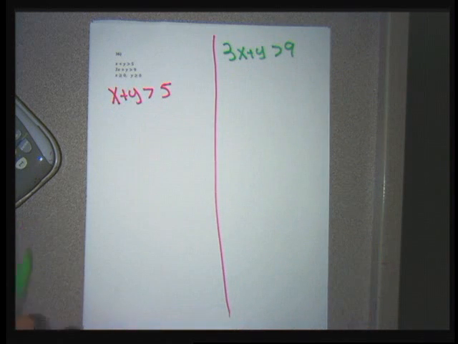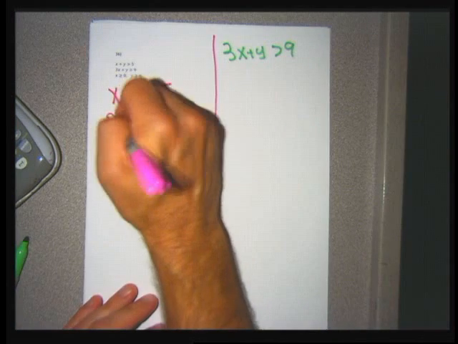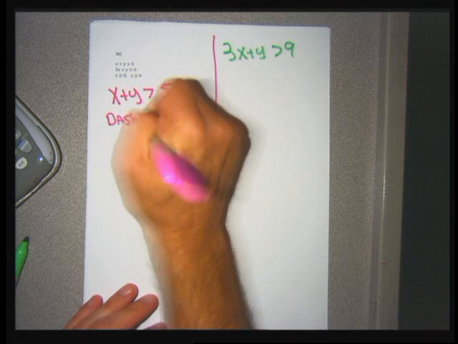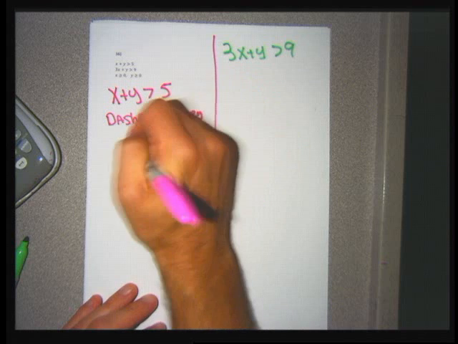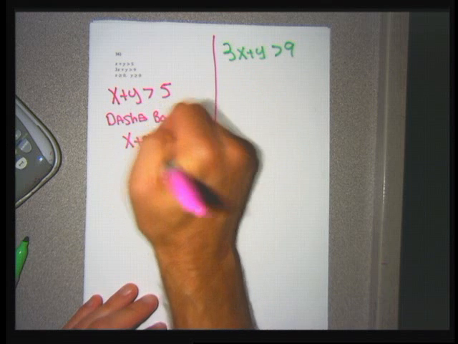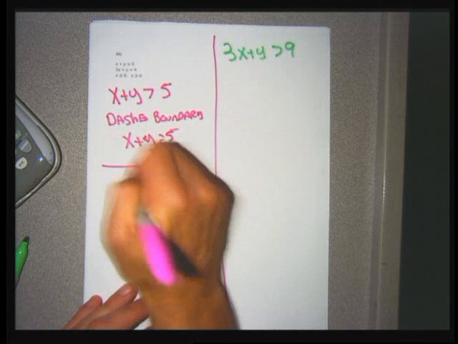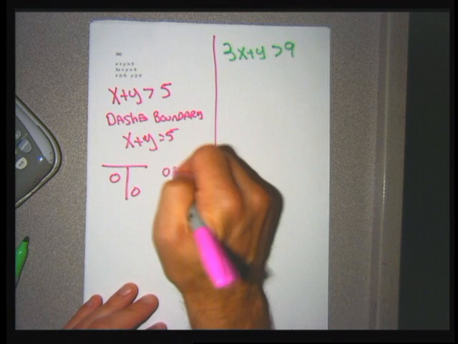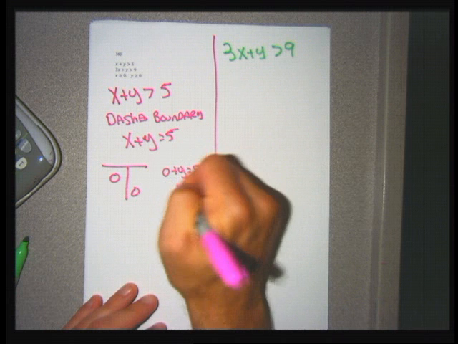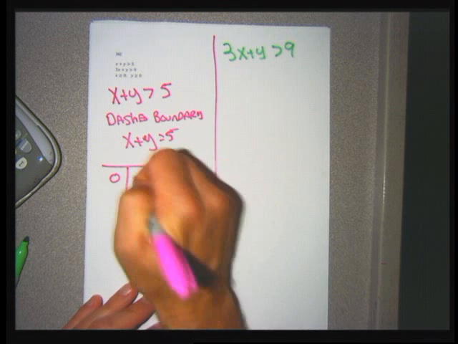I'm doing dashed lines here, so I'm going to get a dashed boundary, and I'm going to do x plus y equal to 5, plugging in 0 for x and 0 for y. So I go 0 plus y equals 5, which gives me y equals 5.